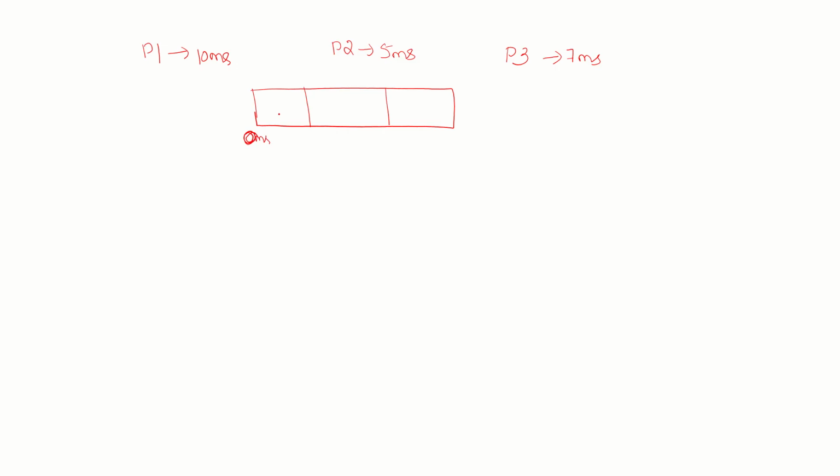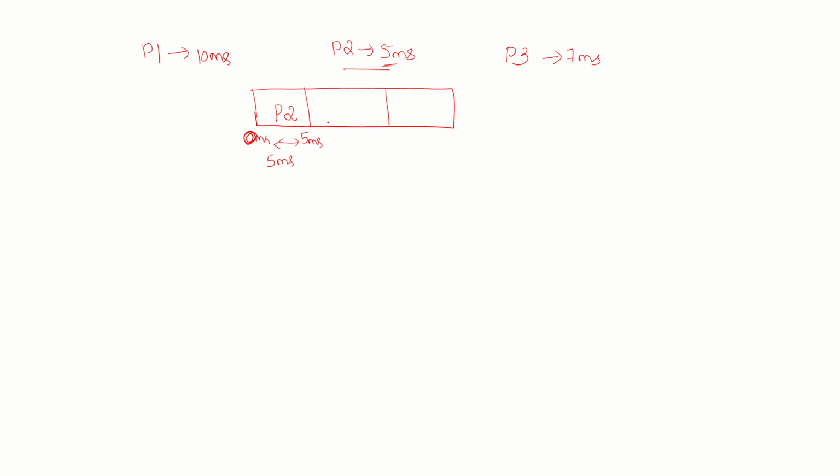Now first we have to consider the shortest job, that is P2. So let me consider P2 here. How much time does it execute? It executes for 5 milliseconds, as given. So at 5 milliseconds, P2 completes. Next, which comes for execution?